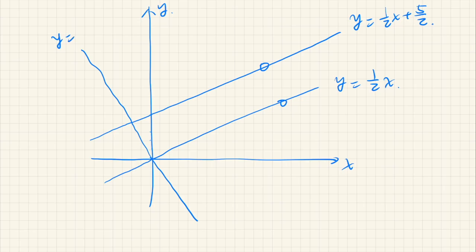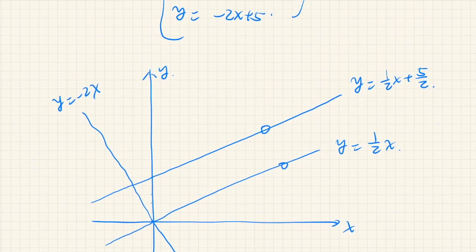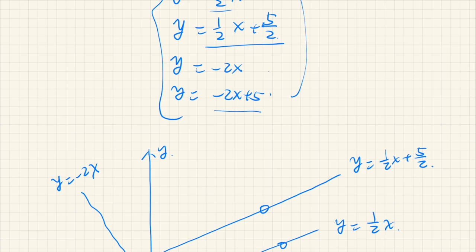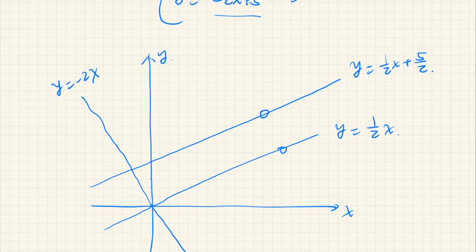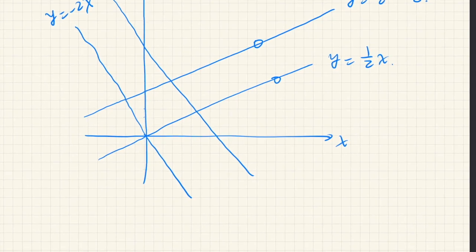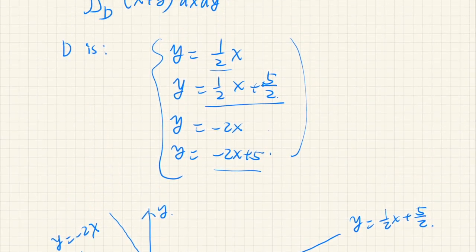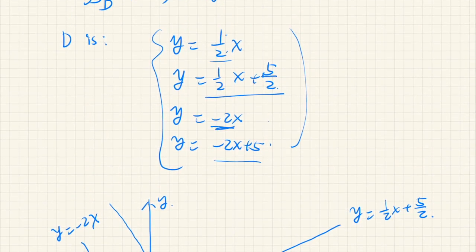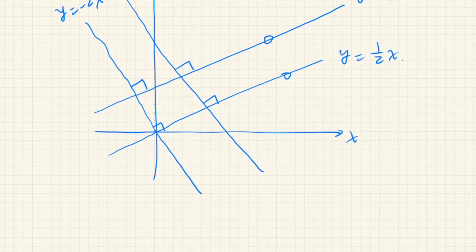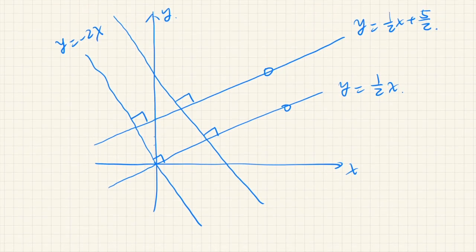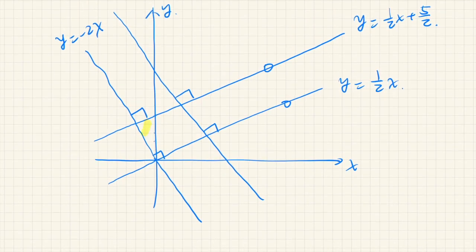So this is y equals negative 2x. And the last one is parallel to the third one. Well, actually, this is not a very good figure, but these are supposed to be right angles because this is 1/2 and this is negative 2. So they are perpendicular to each other. Anyway, the region enclosed by these 4 straight lines is this part.